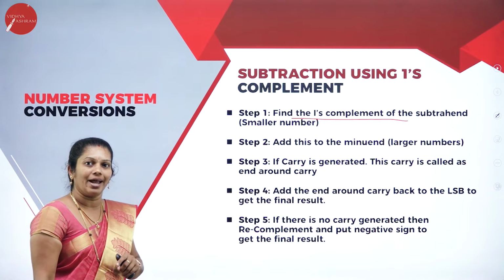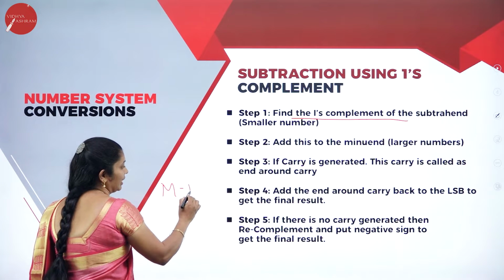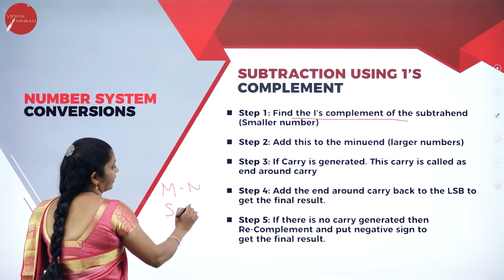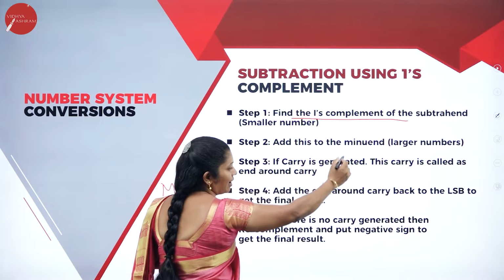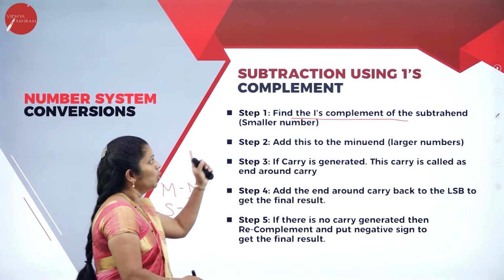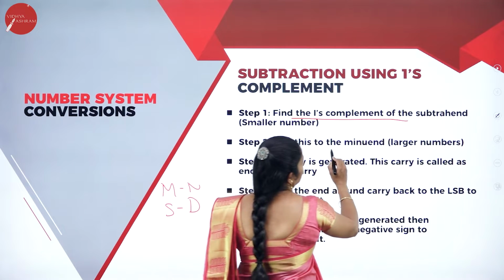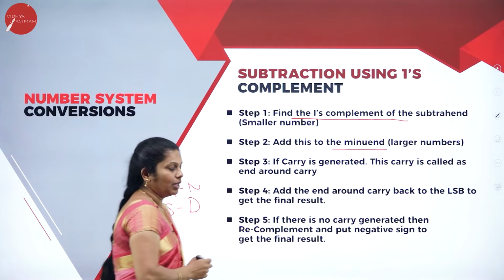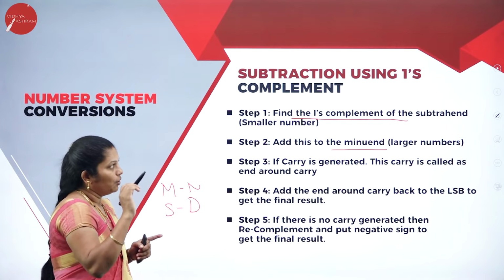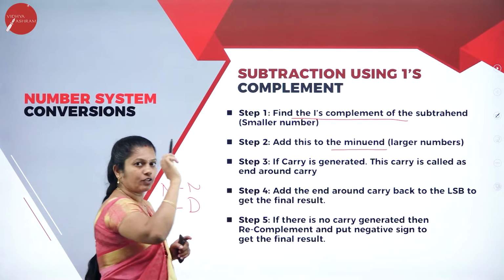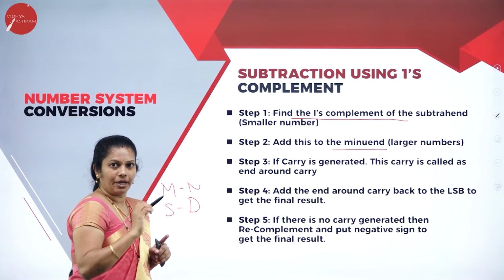What do you mean by subtrahend as well as minuend? The minuend represents the numerator and the subtrahend represents the denominator. For the subtrahend, the denominator value, we have to find the ones complement. Then add this to the minuend. First step, find the ones complement of the denominator value. Then add that number to the minuend.